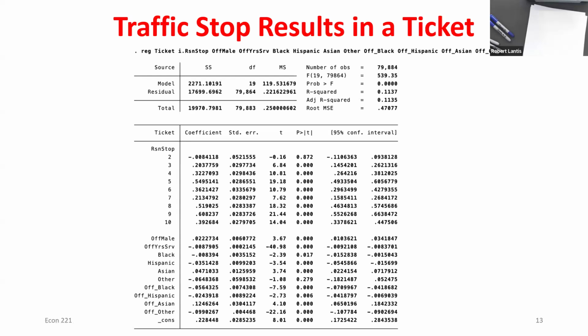Well, now I can use the p-value that's reported in Stata. And it looks like here I could say that black drivers are issued tickets at actually lower rates, at the 90 and 95% confidence level, not quite 99, holding everything else constant.